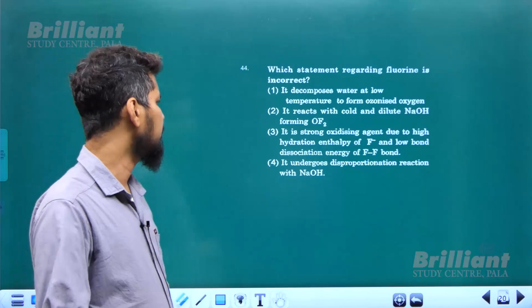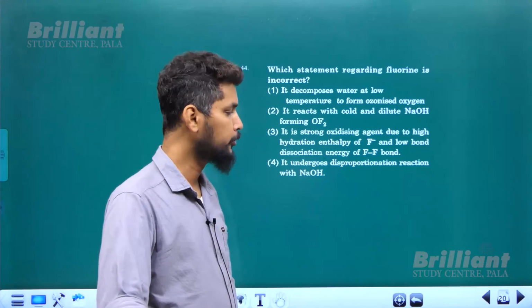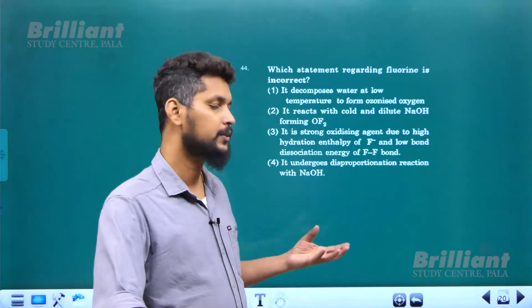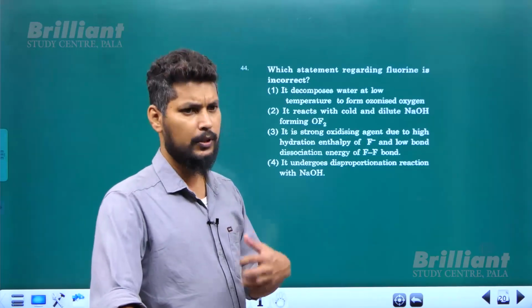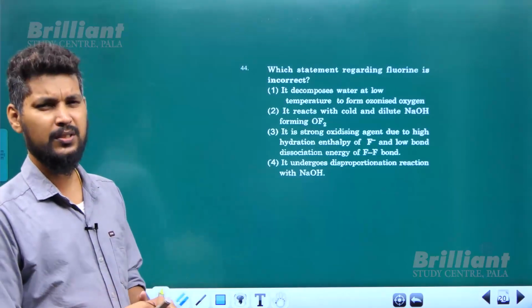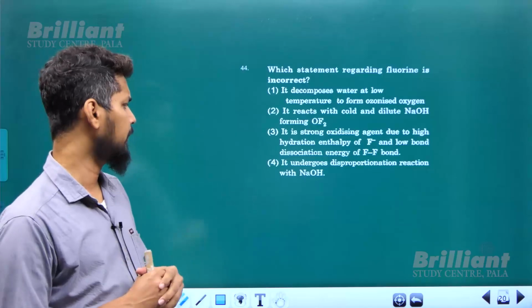It is a strong oxidizing agent due to the high hydration enthalpy of F- and low bond dissociation energy of the F-F bond. Since F- is small, its hydration energy is very large, and because of electron-electron repulsion and the small size of the fluorine atom, its bond dissociation energy is also low. So that is also a correct statement.